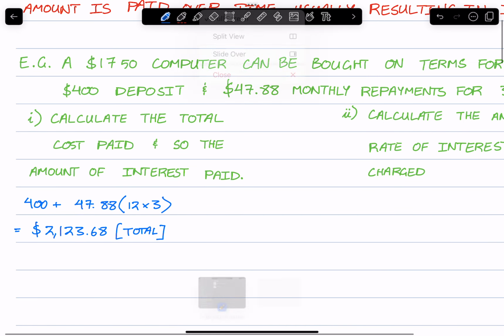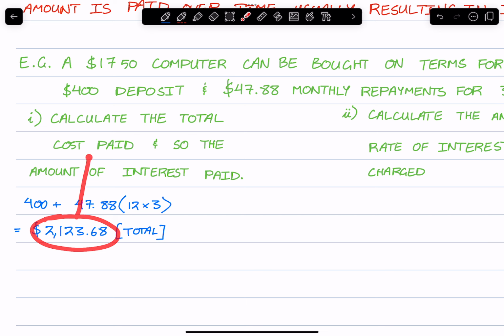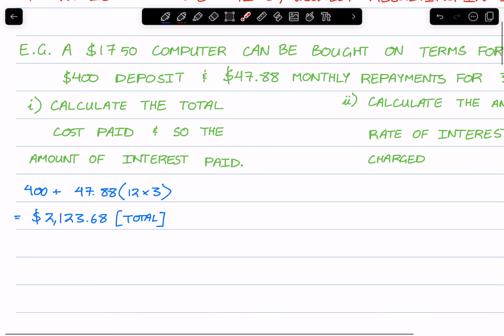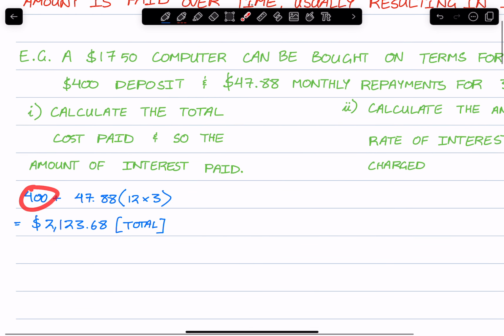Now, it may seem to be the case that to find the interest, we simply find the difference between the total we've paid and the original price of the computer. However, what we need to understand is that once we've paid $400, it's the remaining amount that we are essentially borrowing.